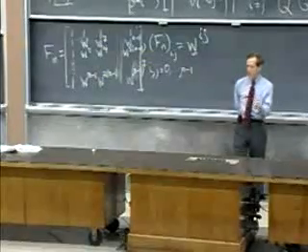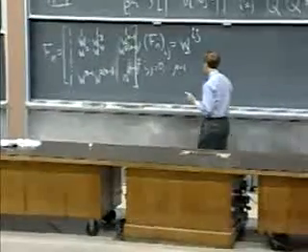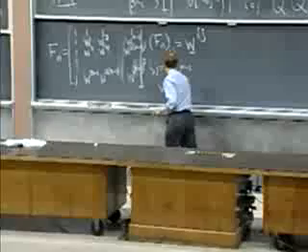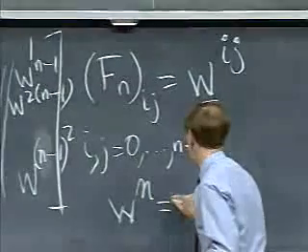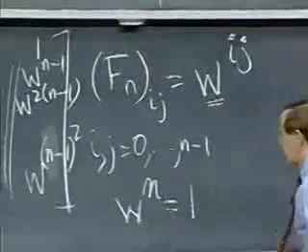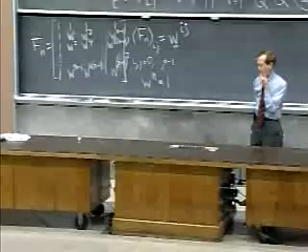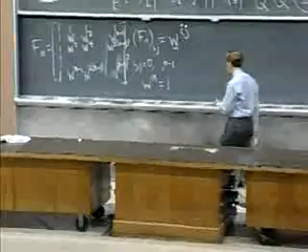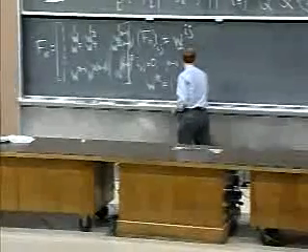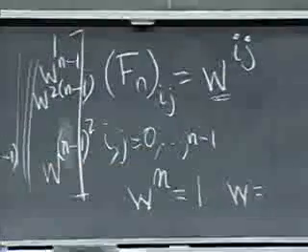But w is a very special number. w is the special number whose nth power is 1. In fact, actually, there are n numbers like that. One of them is 1, of course. But the w we want is the one where the angle is 2 pi over n.